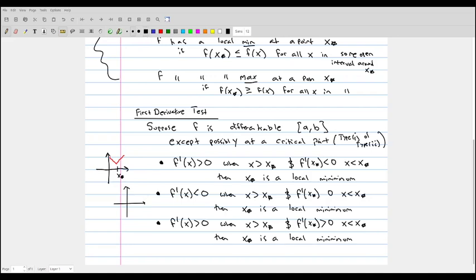Because if this is the case, then at this point x star the function is increasing to the left of x star but decreasing to the right of x star, which means that this point has to be a local maximum.